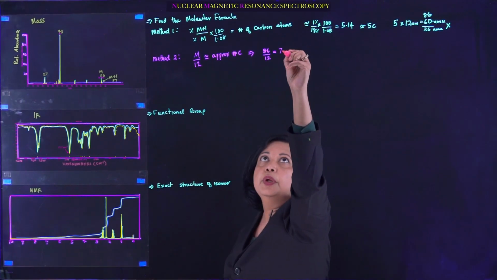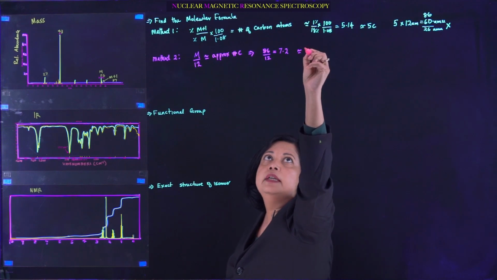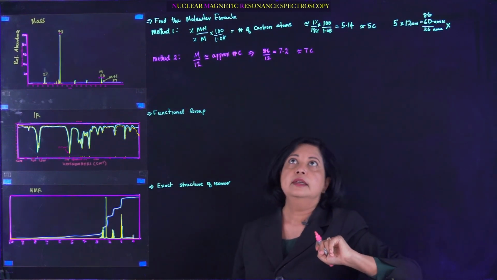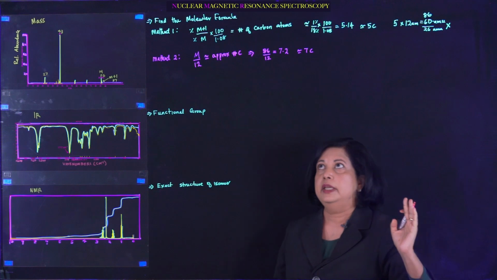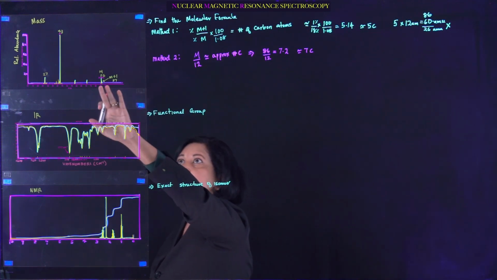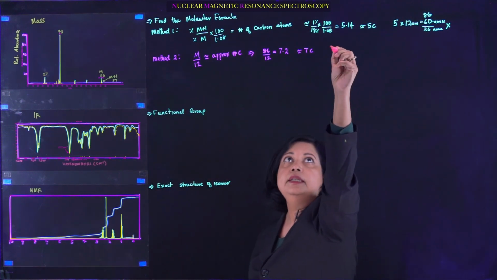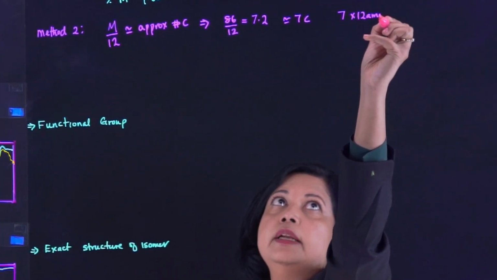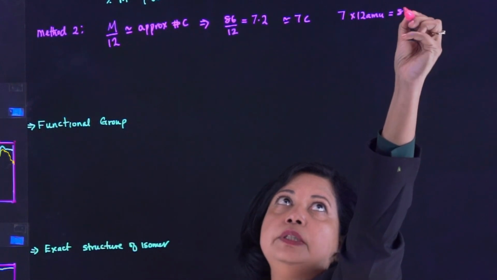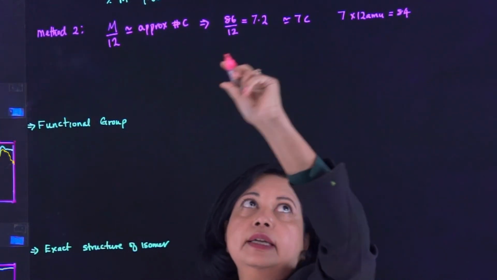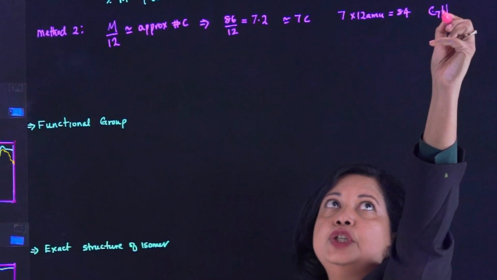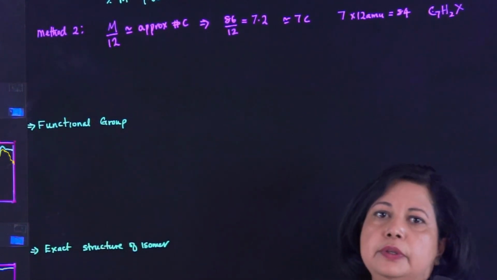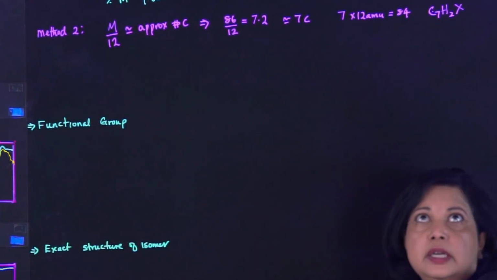That's 7.2, which is about 7 carbons. So, well, can we have 7 carbons in here? 7 carbons times 12 AMU would give us a weight just for the carbons of 84. So we cannot have C7H2, it's not really possible. We don't have enough hydrogens. So we've got to drop it down.